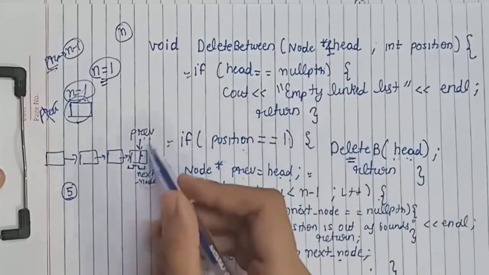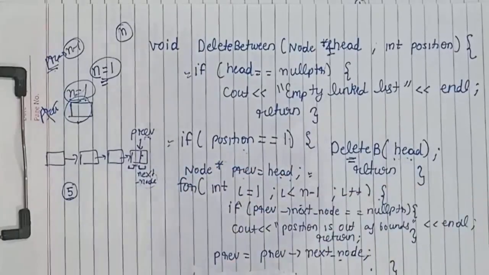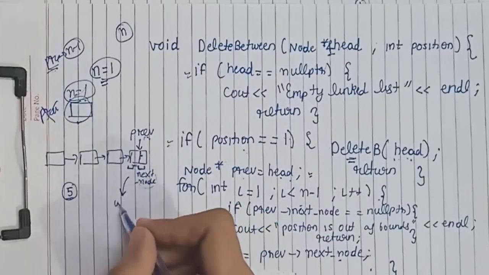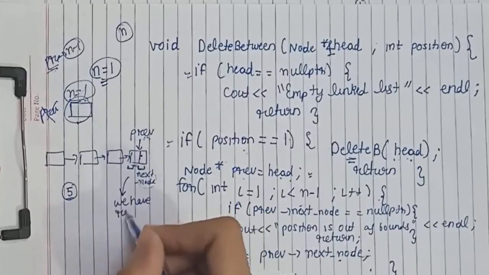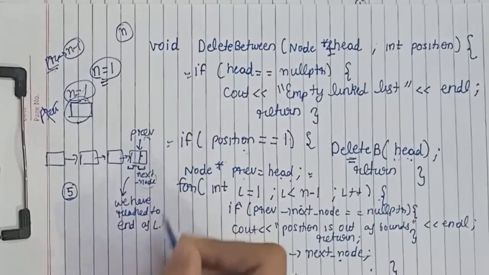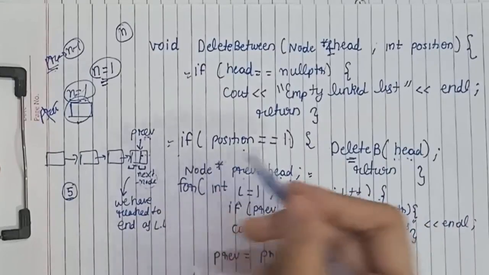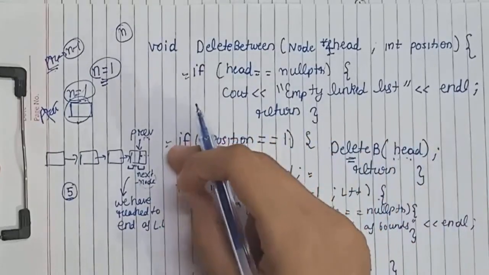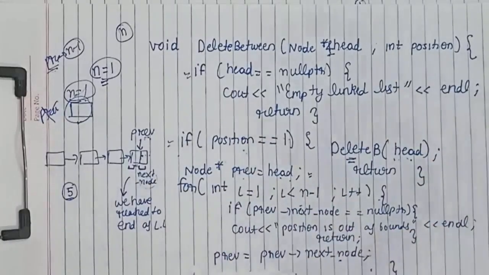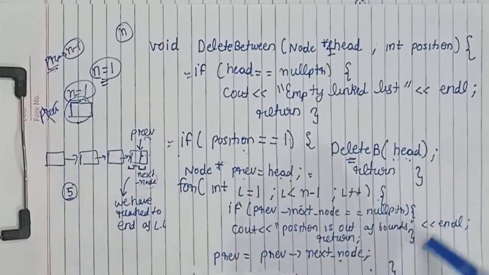As we have seen, this is the data value part, this is the next node part. As soon as the next node part of the previous pointer becomes null, it means that we have reached the end of the linked list, and we can't move ahead, and the position that the user is asking us to delete is not present in the linked list, or we can say the position given is out of bound. I hope this condition is clear to you.